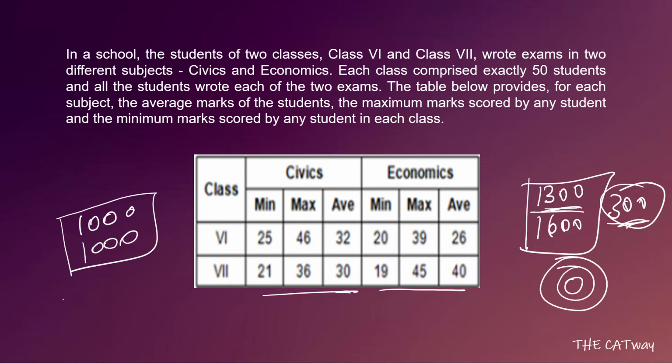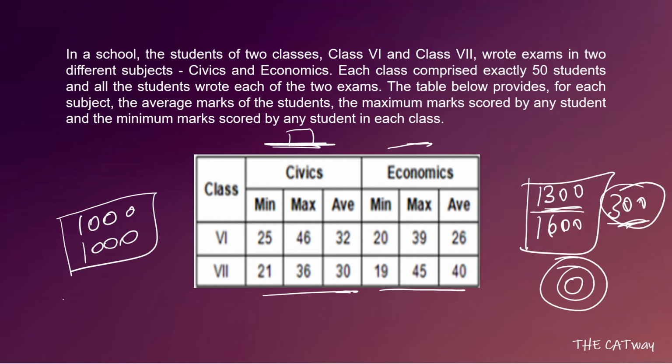Now, what is the most effective way? By using the least number of students, how do we minimize the difference? So now see what the method is going to be. If you see, the overall score of civics is highest, so we have to decrease the overall score of civics to a larger extent in comparison to economics. So we will give the highest maximum possible marks in civics to the students.